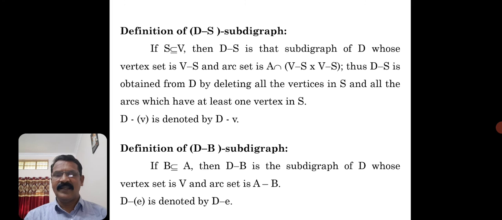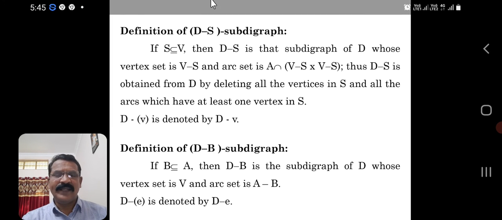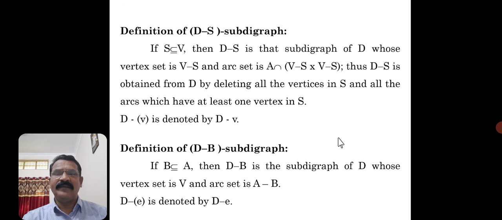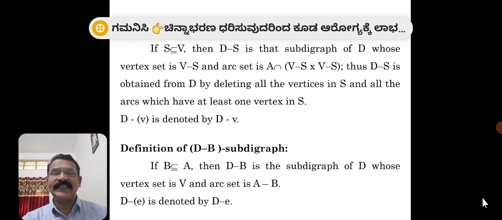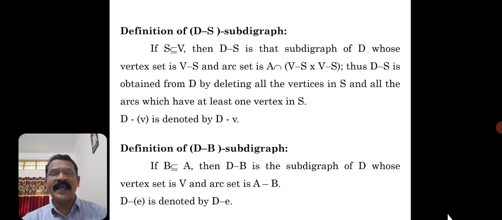See the difference. Here B is a subset or equal to A. Then D minus B is the subdigraph of D whose vertex set is V. It implies all vertices will be the same as those of the digraph D, but the arc set is A minus B. So such a digraph is another subdigraph of D. Similarly, how to denote D minus E?